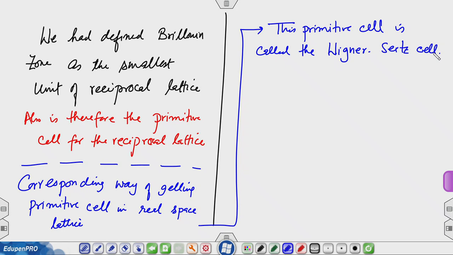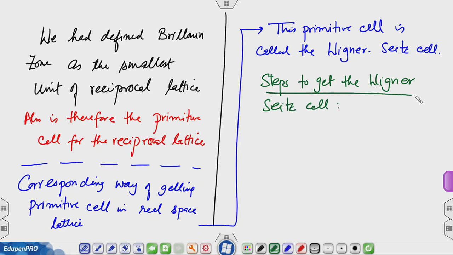So, what do we do to get the Wigner-Seitz cell? Steps to get a Wigner-Seitz cell. Take a lattice point, and I will keep illustrating this with a rectangular lattice in 2D.